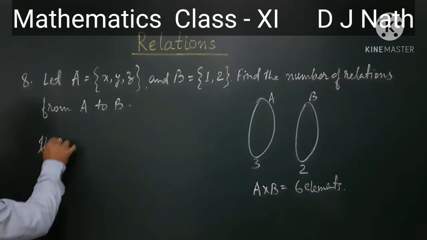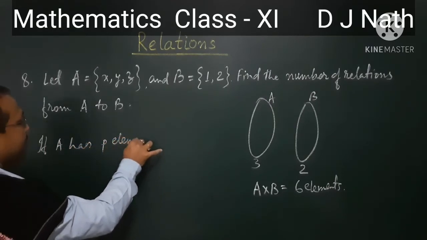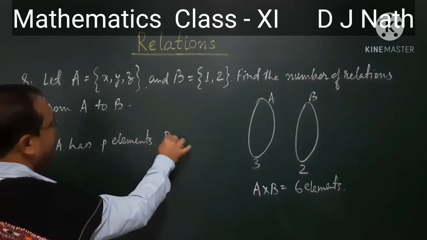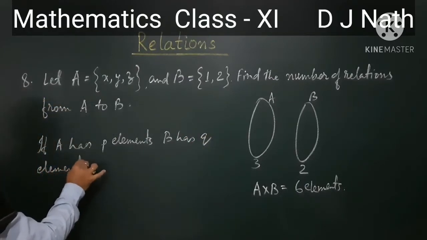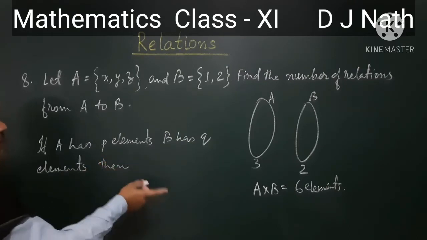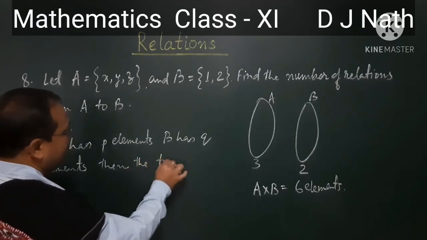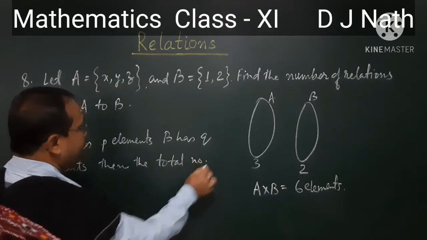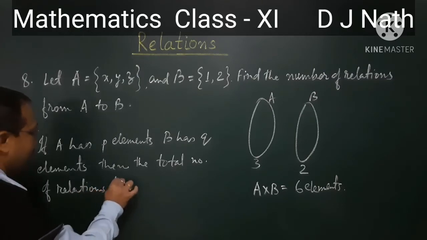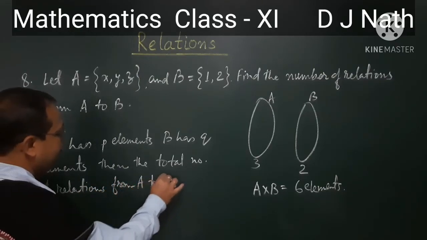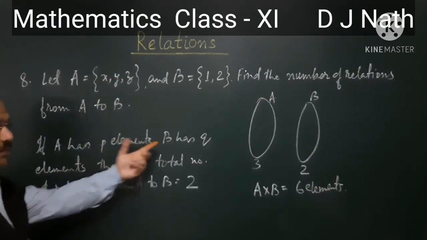You can write that if A has P elements and B has Q elements, then the total number of relations from A to B will be equal to 2 to the power PQ.